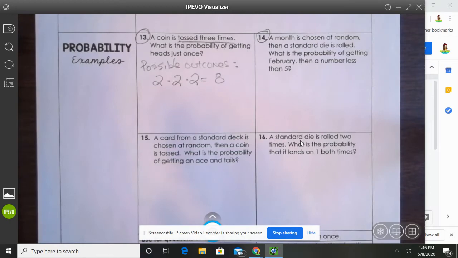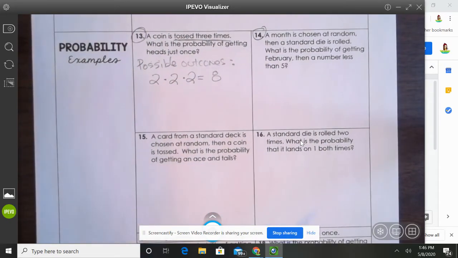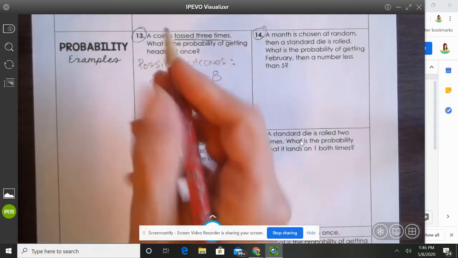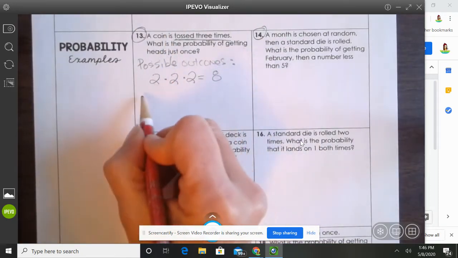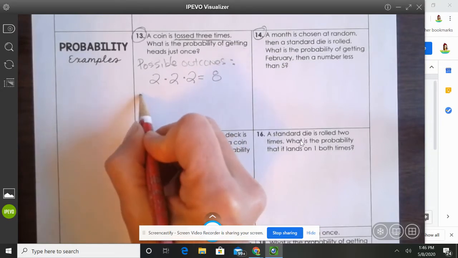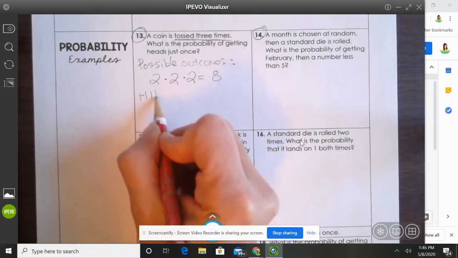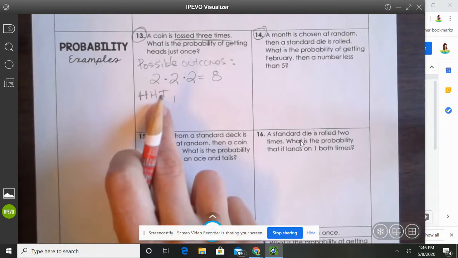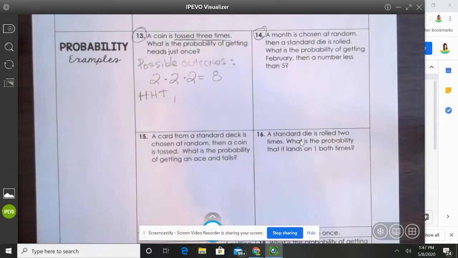Now, what are your favorable outcomes? You have 3 ways that could happen, because you're tossing the coin 3 times.